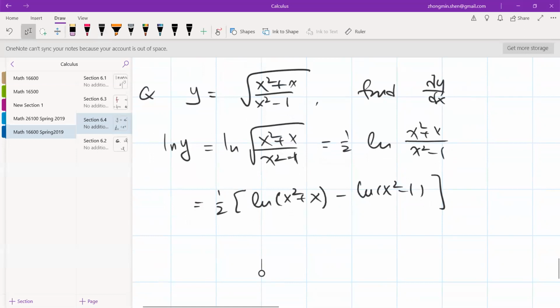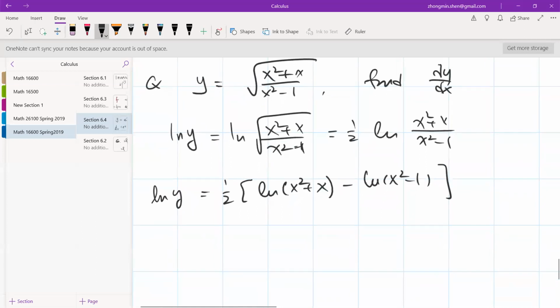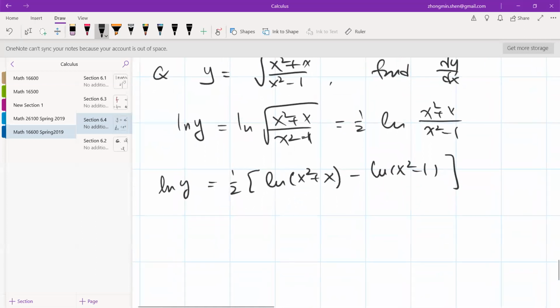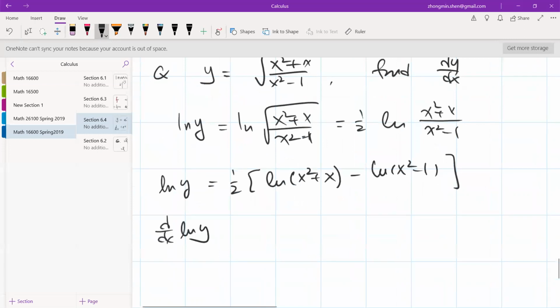Okay. So natural log of y equals this. I differentiate both sides with respect to x. Then the other side will be, first of all, you get this, right?